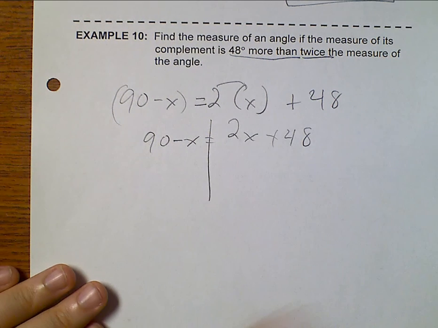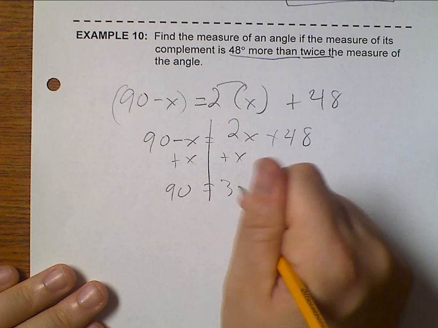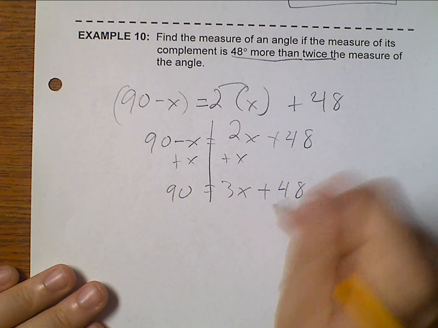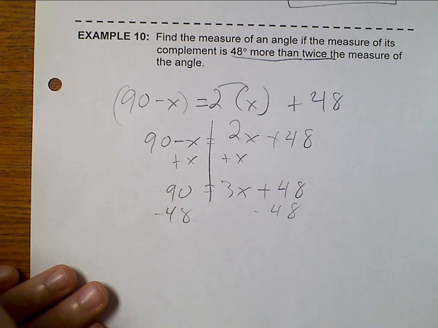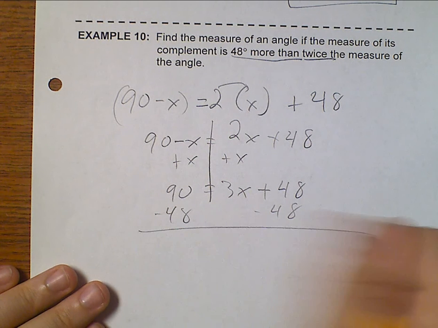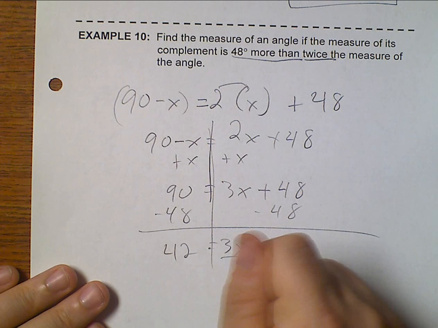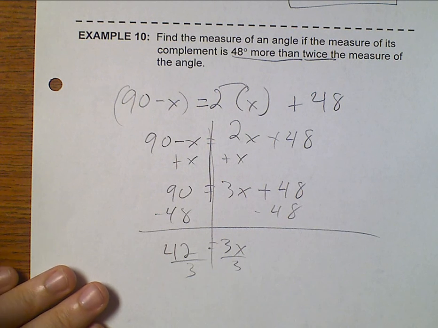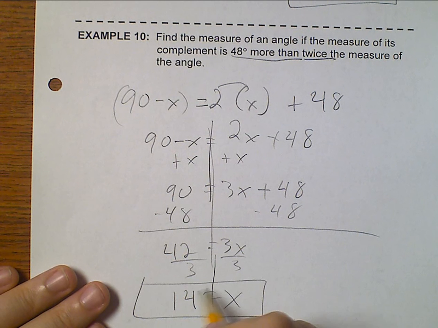Move my x's to one side. 90 equals 3x plus 48. Subtract the 48. I get that 42 equals 3x. And when I divide that by 3, I get that x equals 14 degrees.